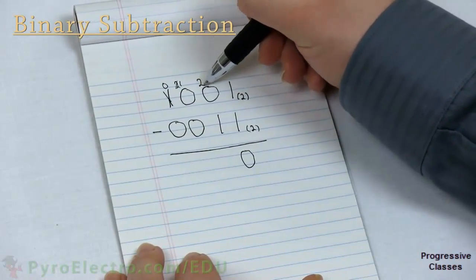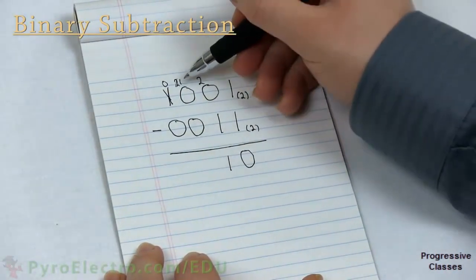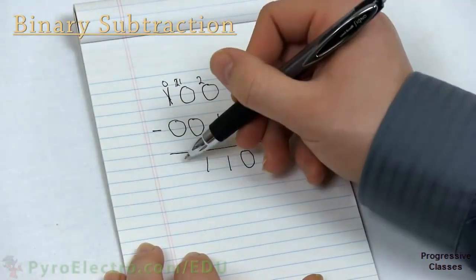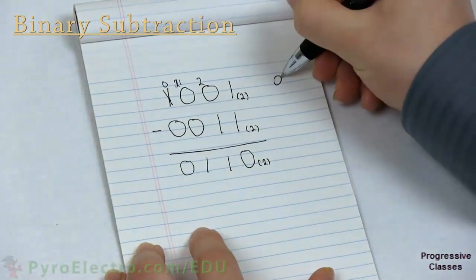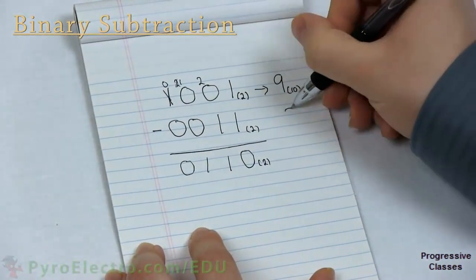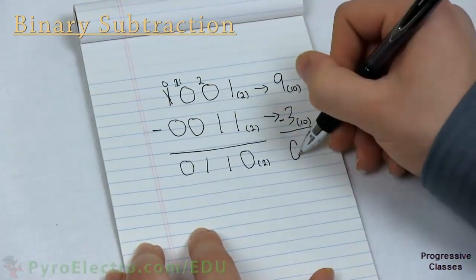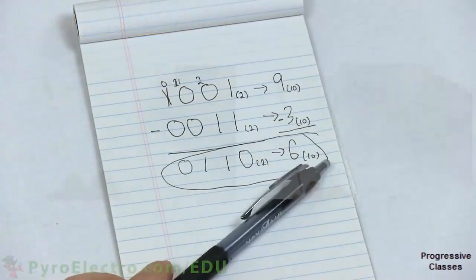So now we have 2 minus 1 equals 1. And 1 minus 0 equals 1. So our answer is 0110. And if we convert these numbers over to decimal, we can see that 9 minus 3 equals 6. And again, you can convert the binary answer to decimal to double check it's the correct answer.